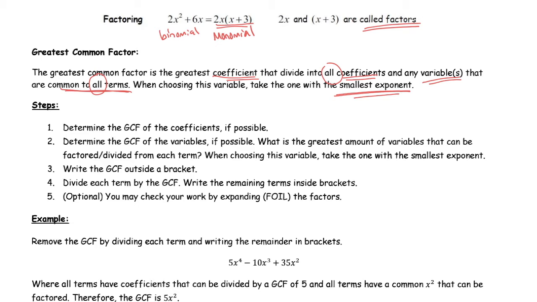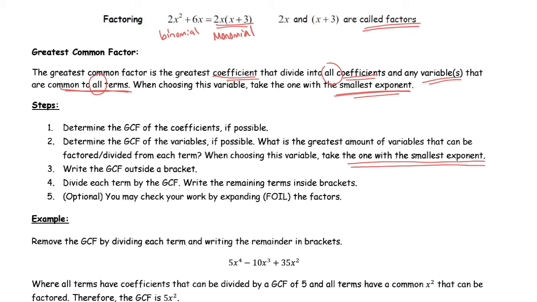So here are the steps. First, determine the greatest common factor of the coefficients, if possible. Then determine the greatest common factor of the variables. Remember, that's just us looking for the variables that are common to every term, and you use the one with the smallest exponent to be the greatest common factor.